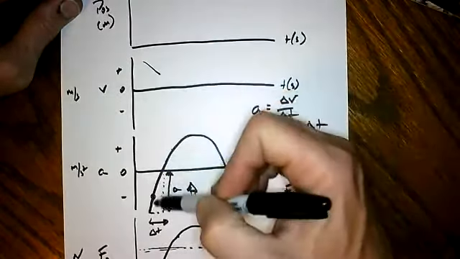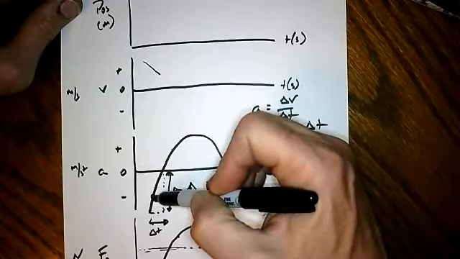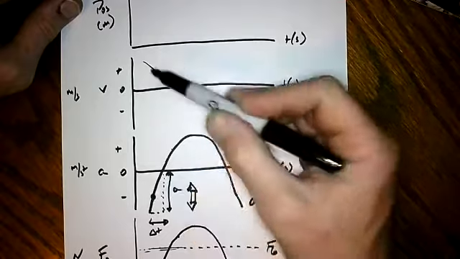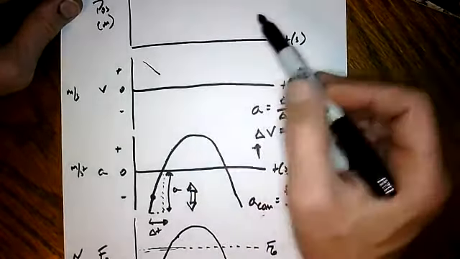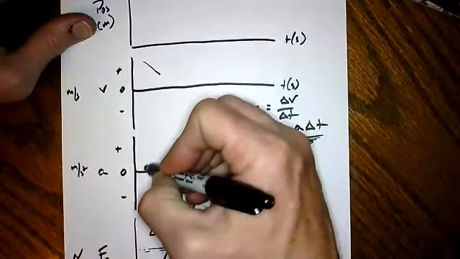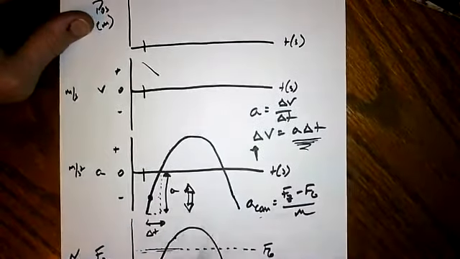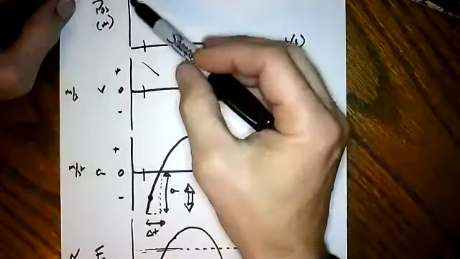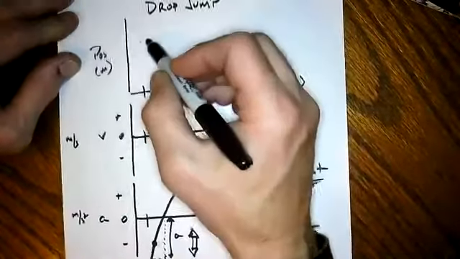Is that going to be that slope? Well, that's a negative slope. That's going to give me a negative acceleration. Is that what is going on here during the drop jump? Obviously not, because here, this is contact. We know what's going on with position.